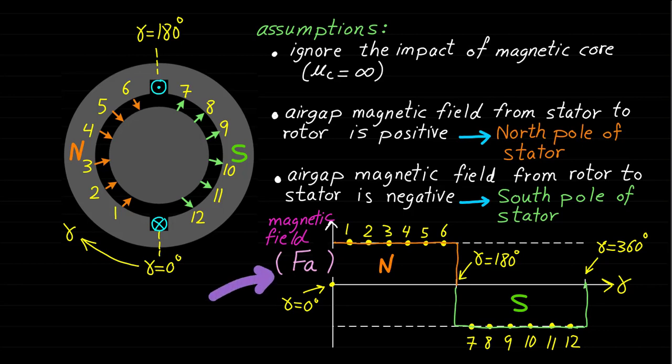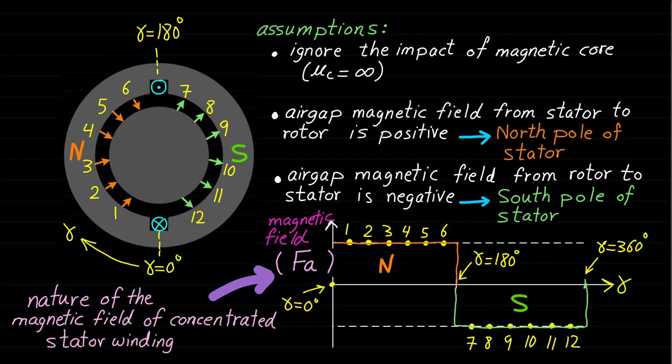So this rectangular waveform represents the nature of the magnetic field distribution of the concentrated winding. Note that this waveform represents the 2 poles stator concentrated winding.